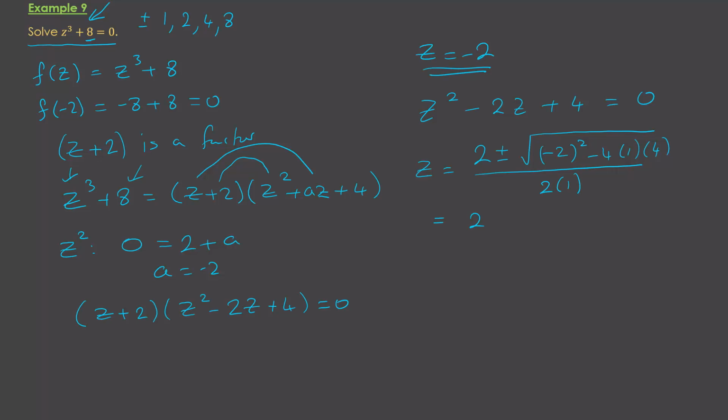So that's 2 plus or minus the square root of 4 take away 16 over 2, which is 2 plus or minus the square root of negative 12 on 2.